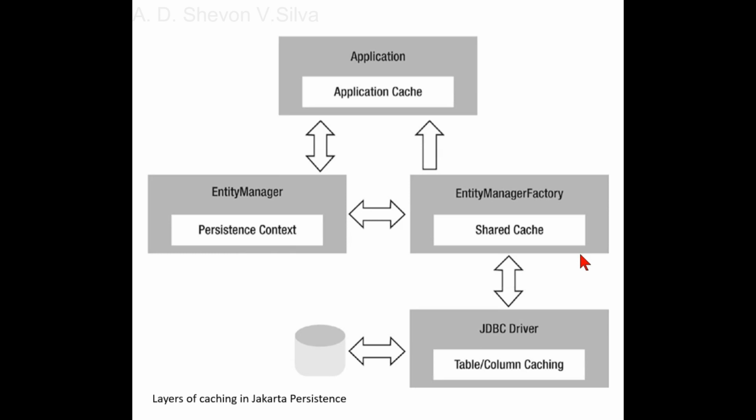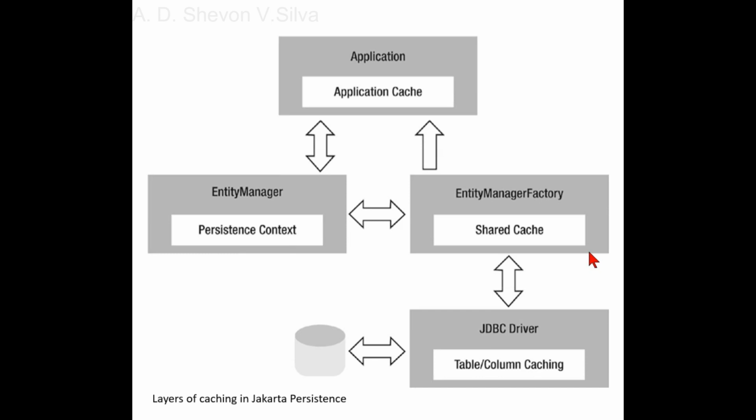One thing that is fairly prevalent across all providers is that the entity data in this cache is shared across entity managers from the factory that contains the cache. So the better name for it is shared cache.